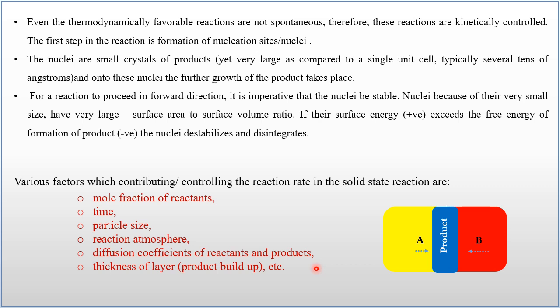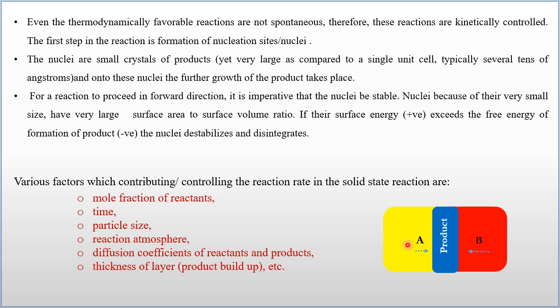The reaction time is also very important. As I have mentioned already, the reactions are inherently slow in nature, because of one solid reactant. If you can pay attention here, one reactant is A and another reactant is B, I'm focusing at the extreme right side and the bottom of the screen.